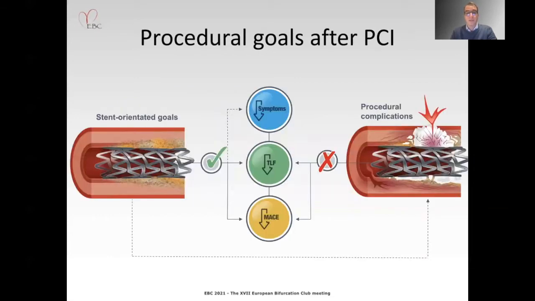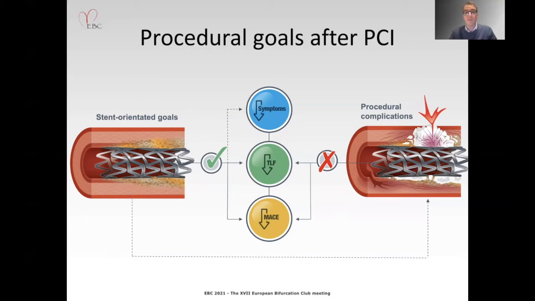From several studies, we know that adequate stent implantation can reduce clinical events and, of course, symptoms on the one hand, but it also often requires lesion preparation, which is mandatory to achieve such good results, and this can bring procedural complications.